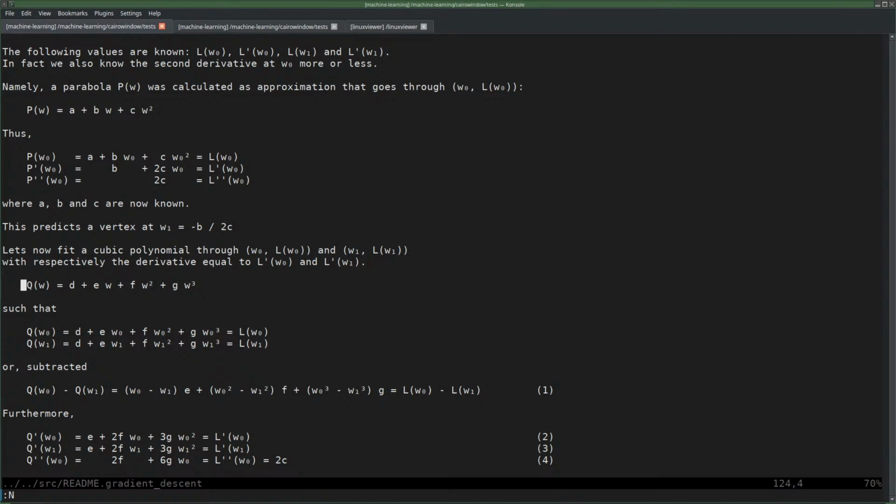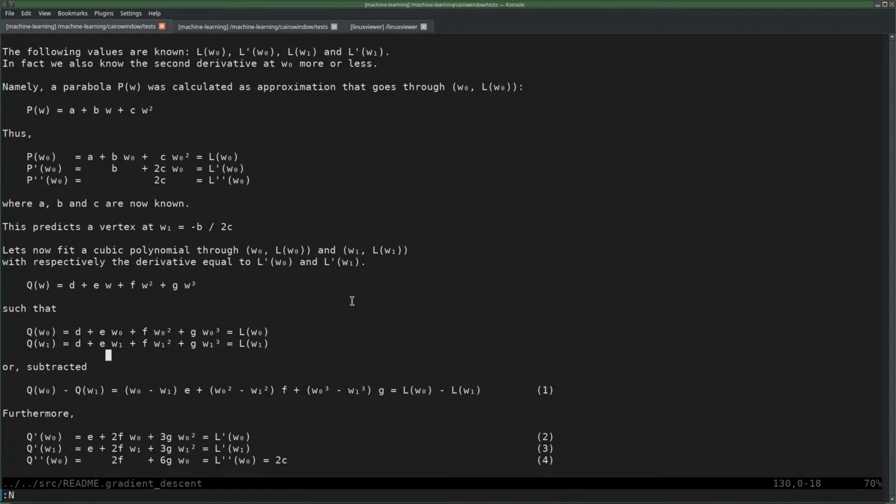So I'm going to fit a cubic Q of W to define as D plus E times W plus F times W squared plus G times W cubed, such that Q at W0 equals L at W0, and Q at W1 equals L at W1. So again, we fill everything in, with W replaced by W0 and W1.